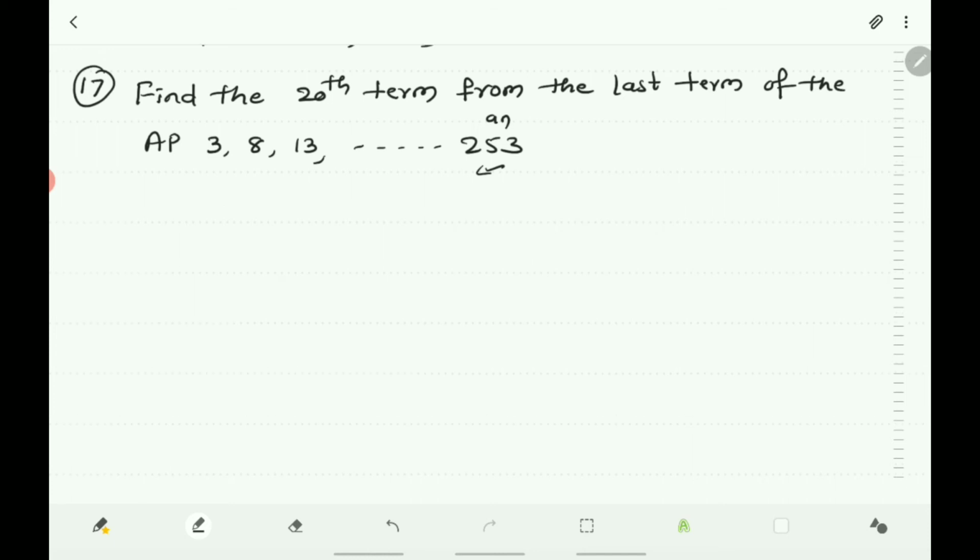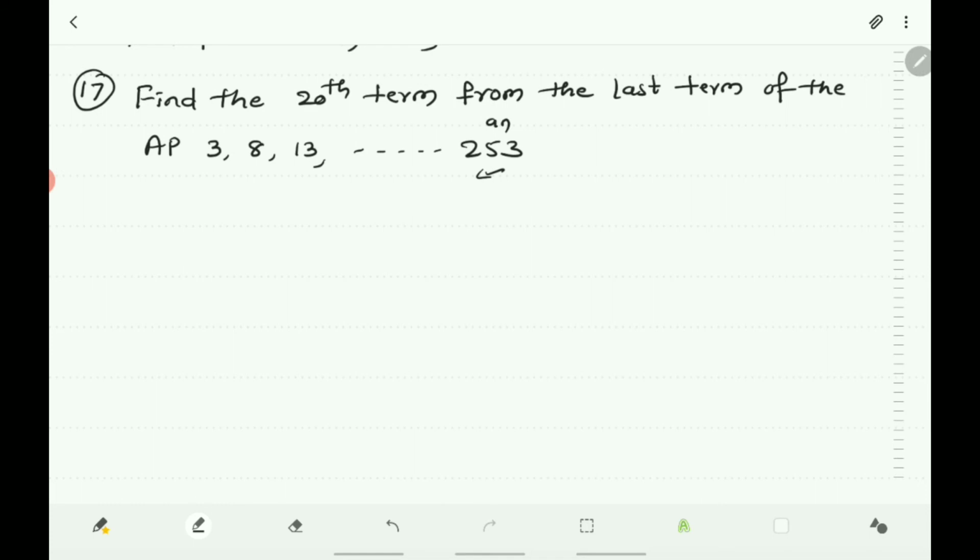Here D becomes 5, since 3 plus 5 is 8, 8 plus 5 is 13. So if you subtract 253 minus 5, it becomes 248.